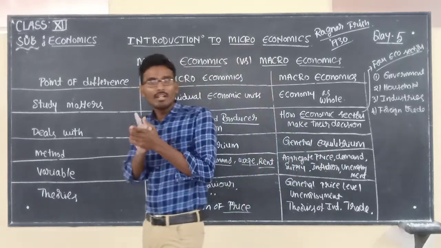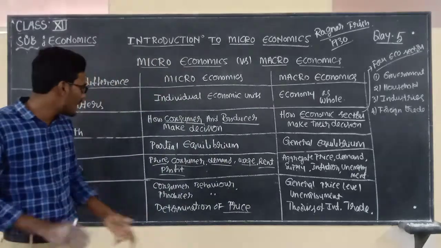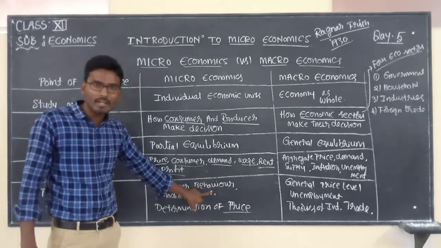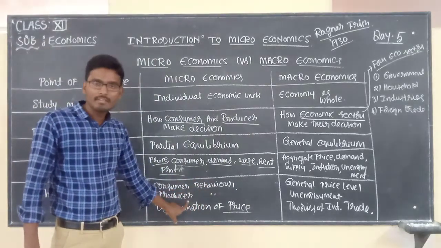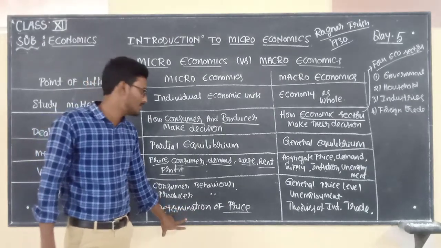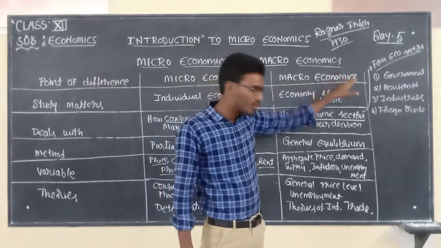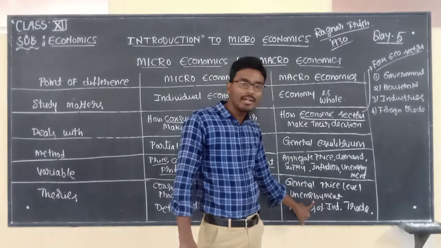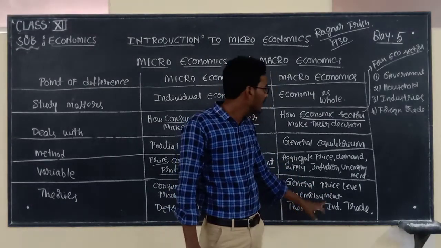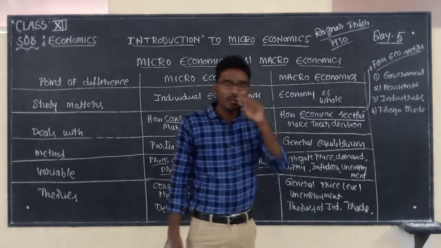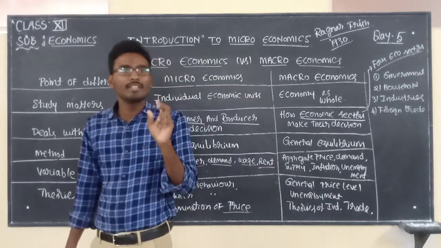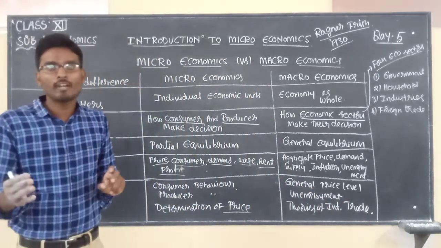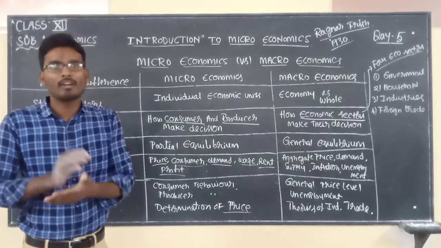So the theories under microeconomics are consumer behavior, producer behavior, determination of prices. Theories in macroeconomics are general price level, unemployment rate, theories of international trade. So this is the major differentiation between microeconomics and macroeconomics.